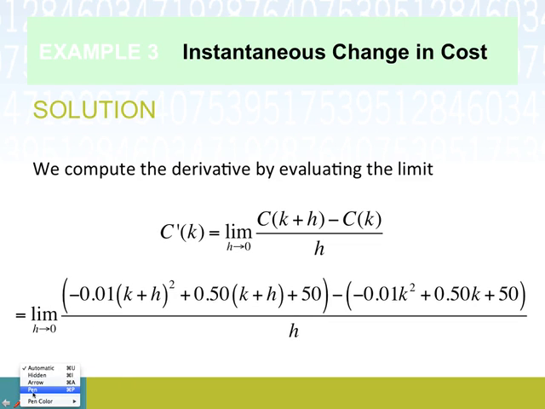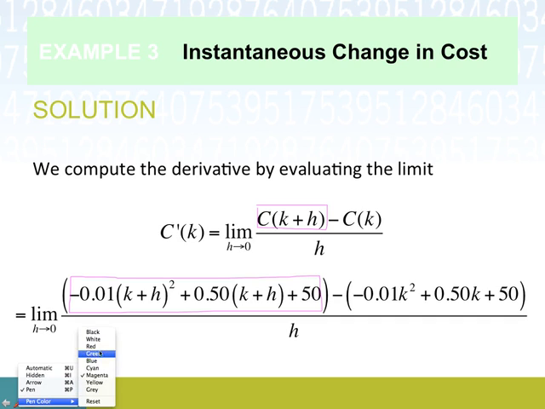But this is really just taking the same structure that we had before. This whole piece, though, since our cost function was a little more complicated, this whole piece is c of k plus h. And then our other function, well, just the function back again, no changes in input, is this second set in parentheses.